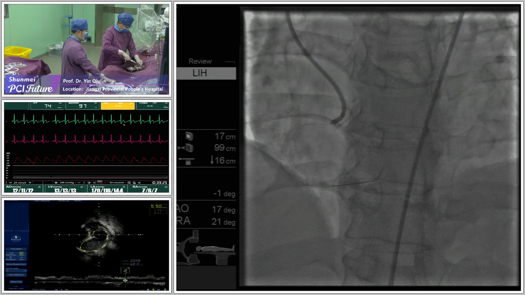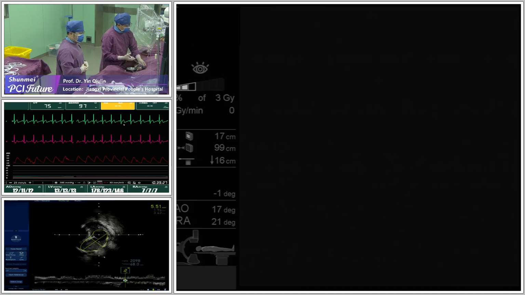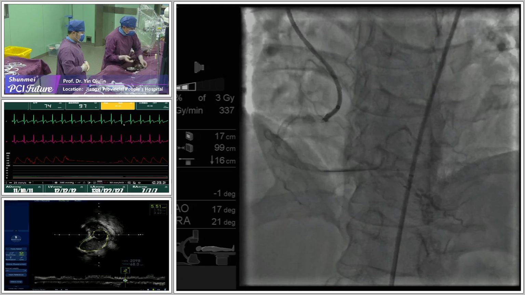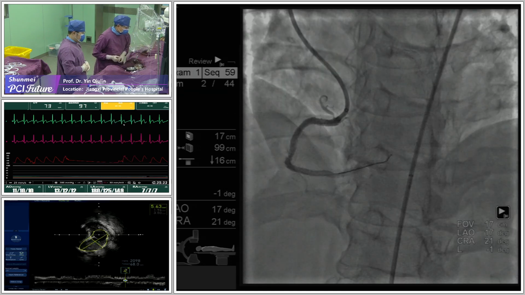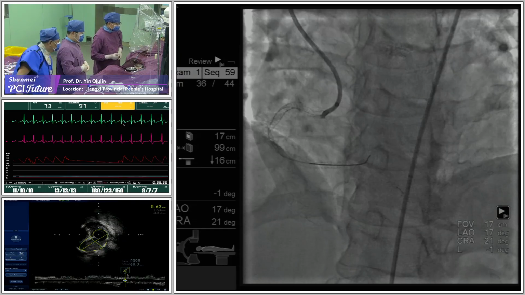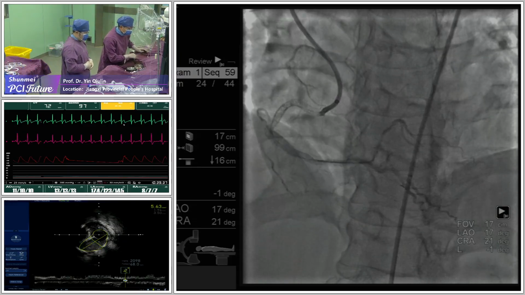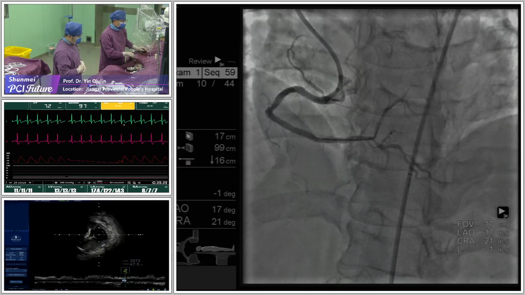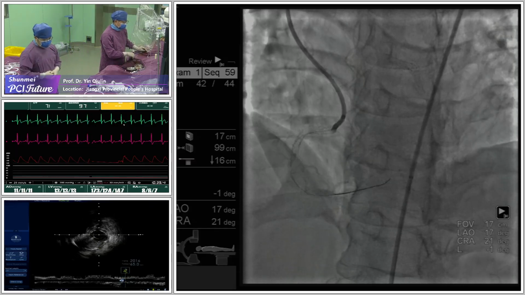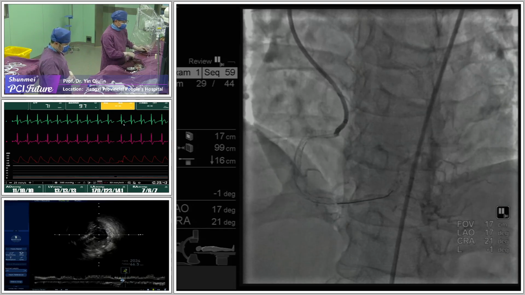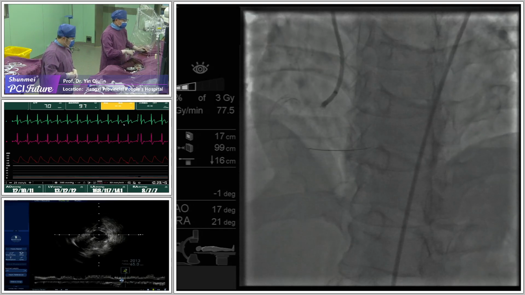In our study, we found that in left main bifurcations, 87.2% of cases with main vessel stenosis more than 50% underwent PCI.